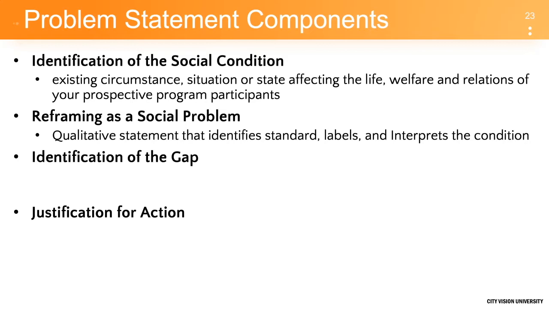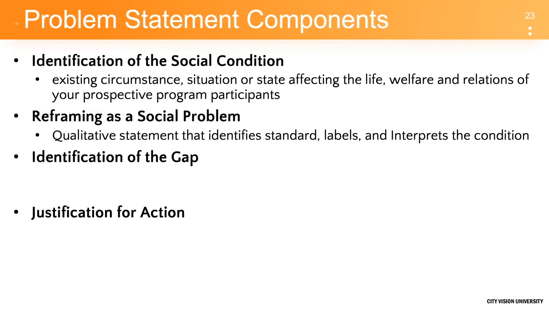There's no necessarily numbers attached to it. You're just trying to identify what the standard is, possibly, and then you're going to label that and interpret that. We'll use the term poverty, for instance, and the federal government will say, well, here's the standard of poverty, but the thing is that the standard of poverty, that label, varies depending on the size of household.